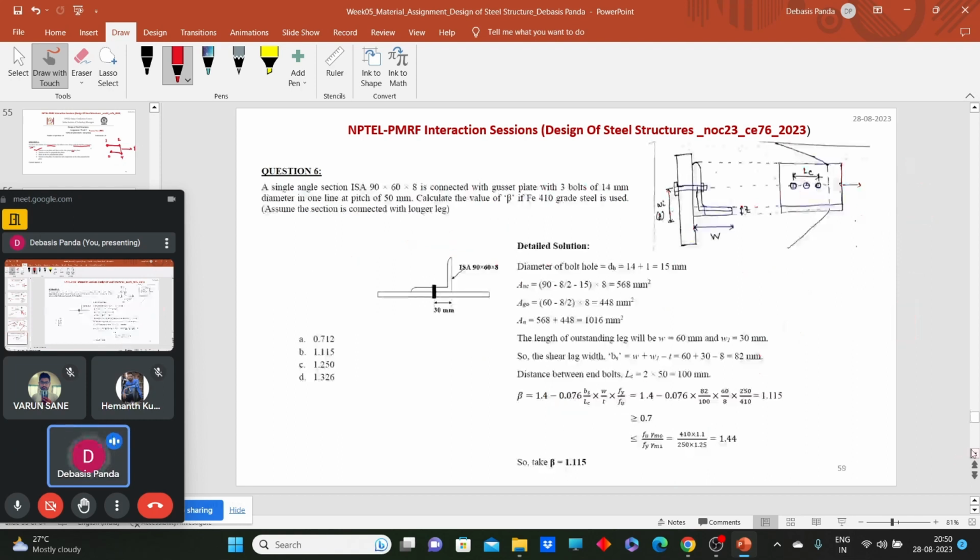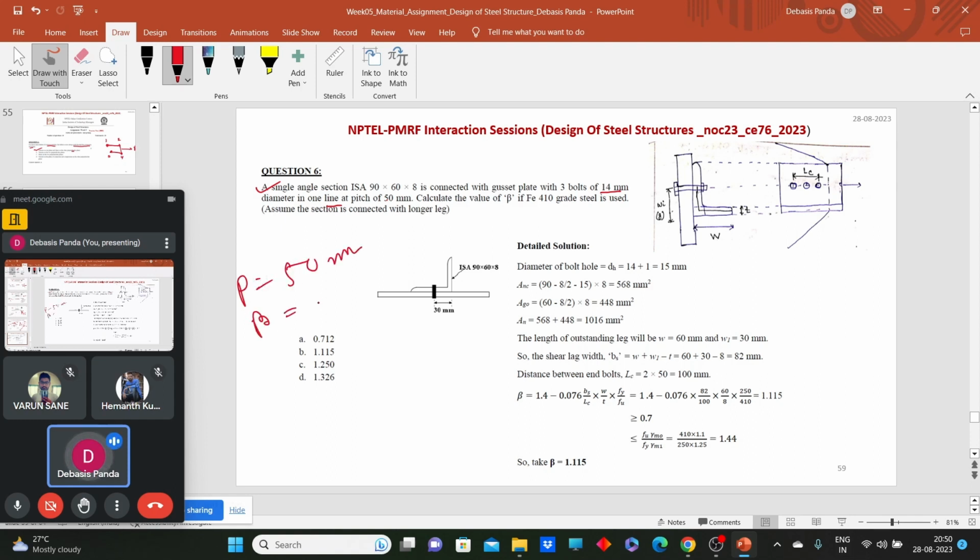Now come to question number 6. What does question number 6 say? A single angle section 90 by 60 by 8 is connected with a gusset plate with 3 bolts of 14 mm diameter in one line at a pitch. Pitch is given, pitch is equal to 50 mm.